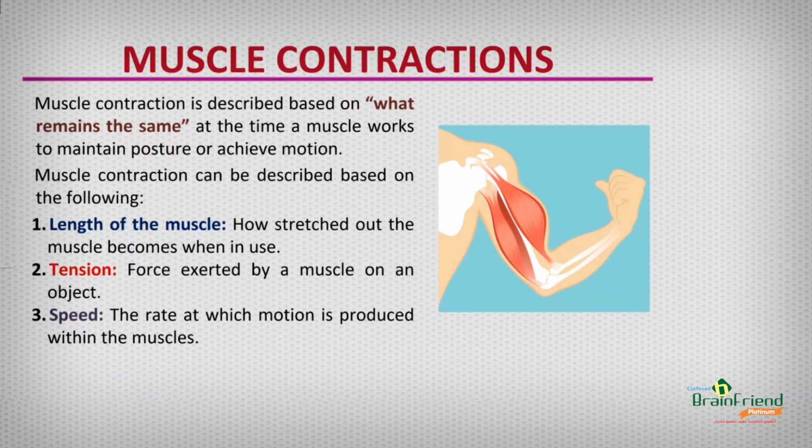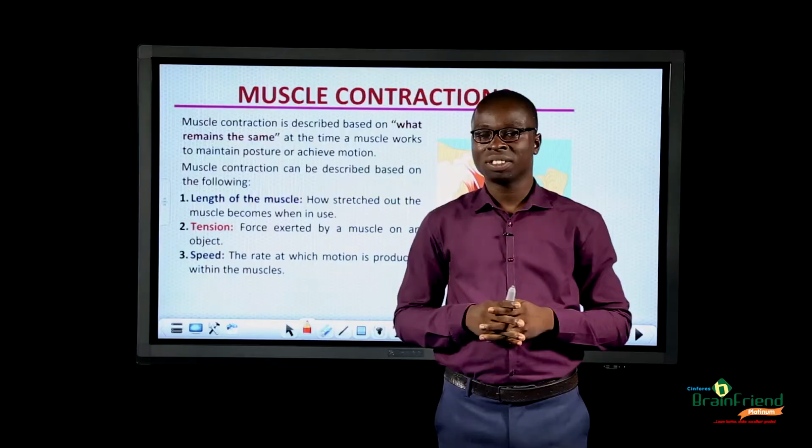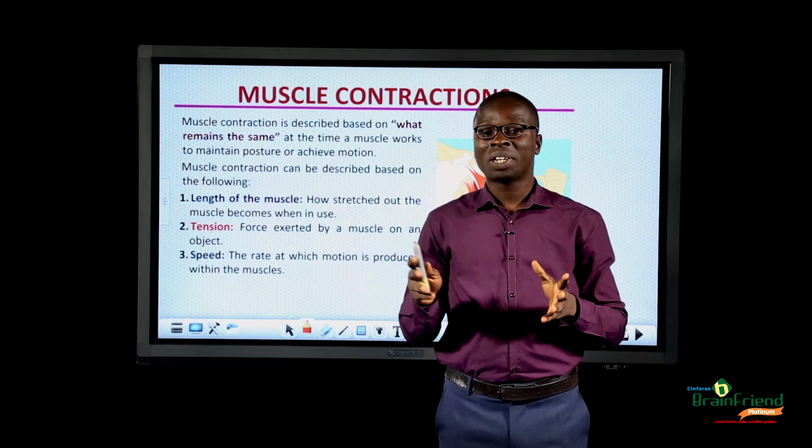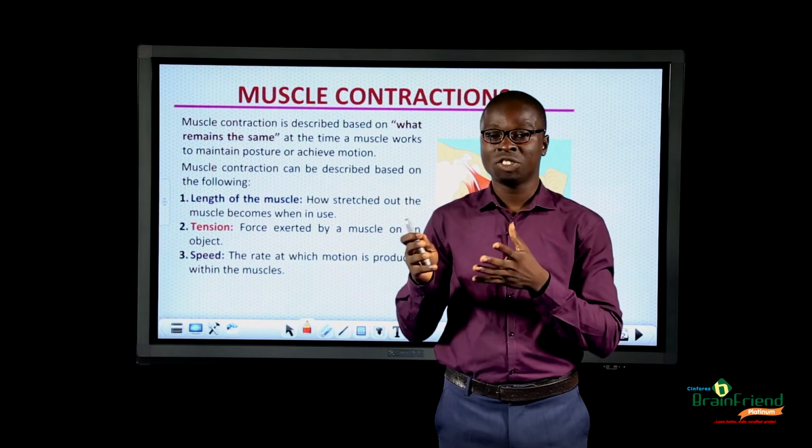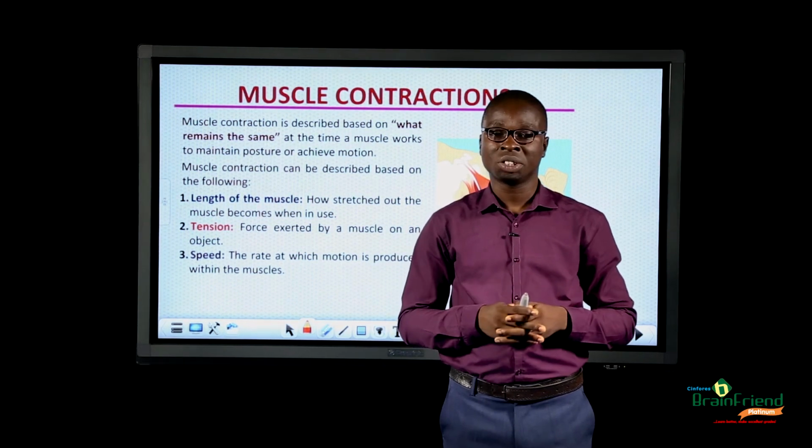Before we move on to discuss the different types of muscle contractions, let's talk about how we can describe muscle contraction. Muscle contractions are described based on what stays the same while a muscle works to achieve motion or maintain posture.